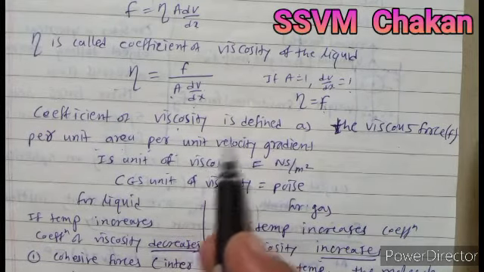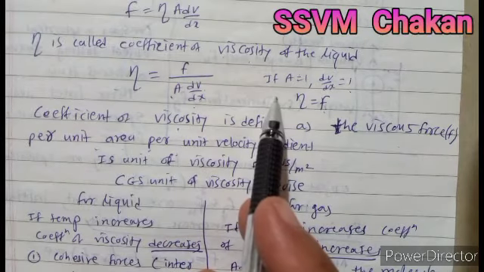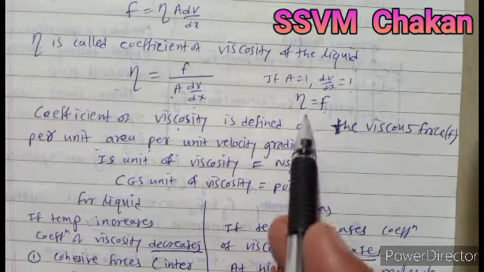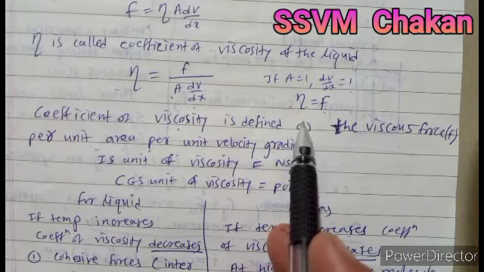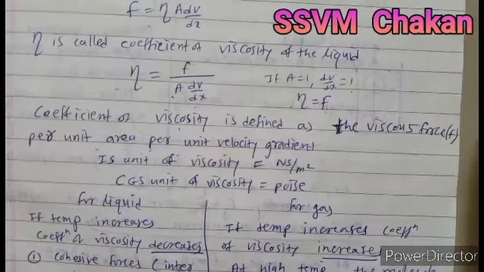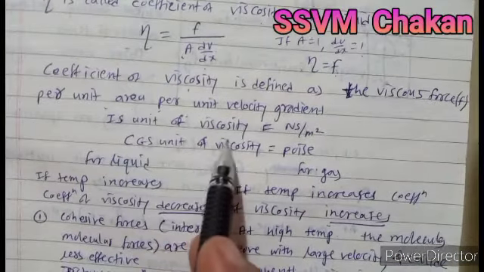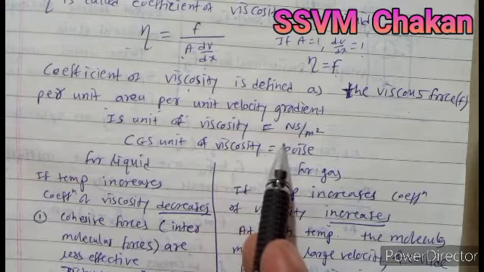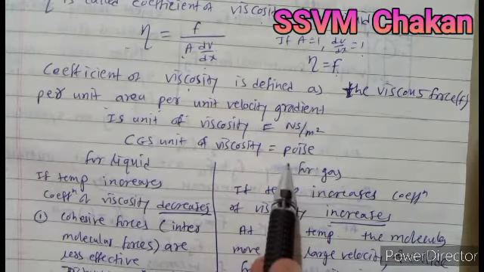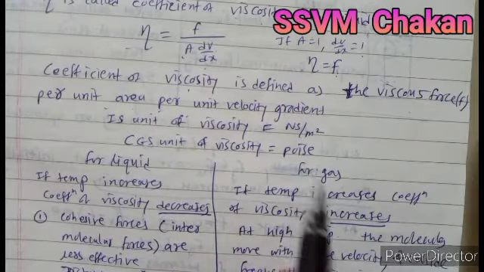That means when we consider the unit area and velocity gradient as 1, then the coefficient of viscosity is nothing but the viscous force. SI unit of viscosity is Newton second per meter square, and the CGS unit is poise.